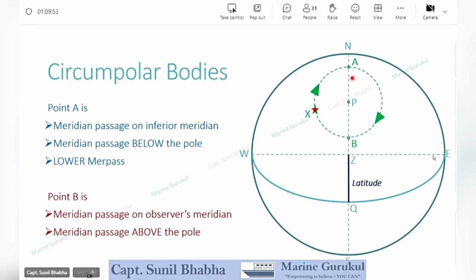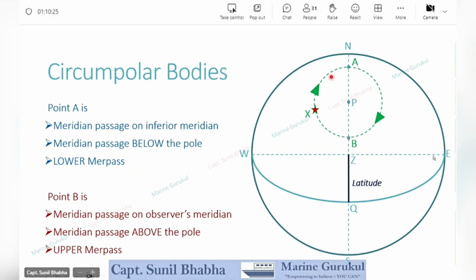The altitude of the pole is NP, November Papa, and the altitude of the pole is less than the altitude of the body. So that is why it is called meridian passage above the pole. It is also known as upper merpass or upper meridian passage, because at point B the body is above the pole.